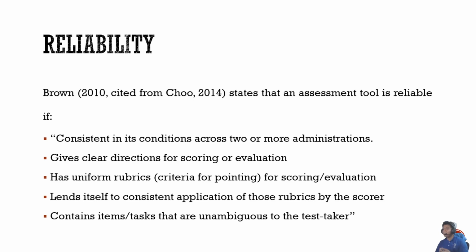And of course, it contains items or tasks that are unambiguous. For example, you have the test item, the Philippine national hero is blank. That item in itself is very ambiguous, because if I say the Philippine national hero is dead, I'm still correct.